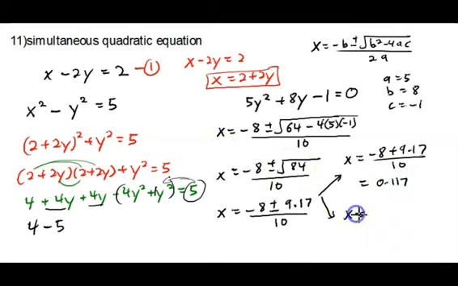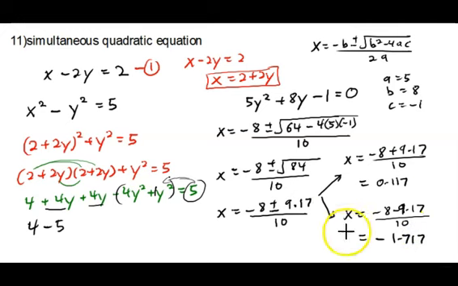The other one, we are going to use minus, negative 8 minus 9.17 divided by 10, so we got negative 1.717.